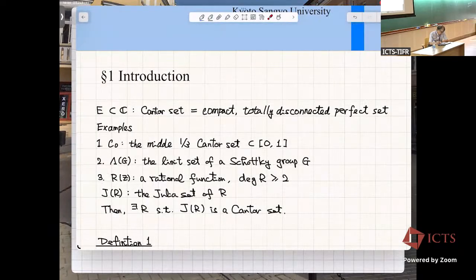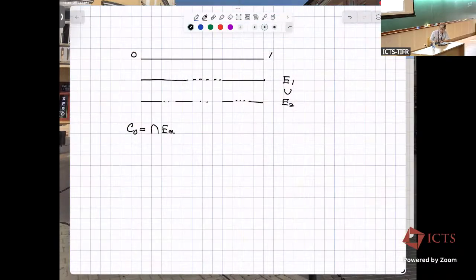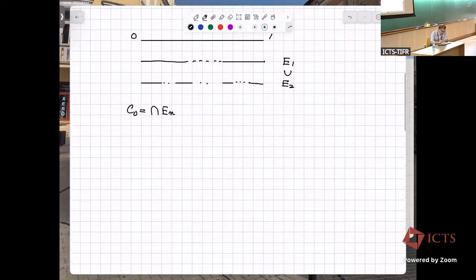The next example is the limit set of a Schottky group. What is that? Maybe most people know the definition of such a group, but for later use, I explain the definition. Let G be a Schottky group of rank g, where g is an integer greater than or equal to 2.